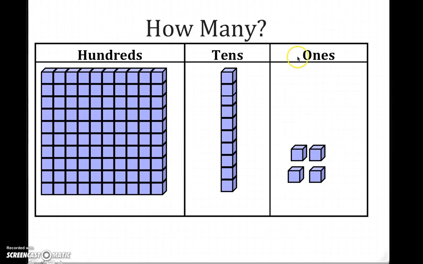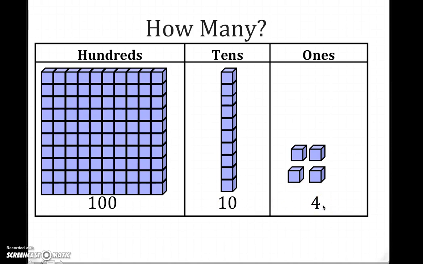So we use our place value chart, our ones column, our tens column, and our hundreds column, and the pictures to show a number. So in this picture, we can see that we have a 100 flat. So that is showing the number 100. We have one 10 stick that is showing one group of 10, and we have four little ones.